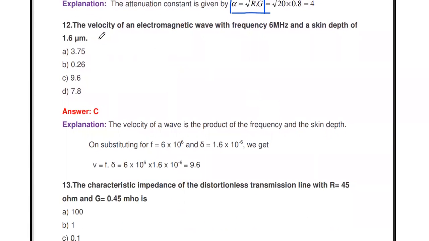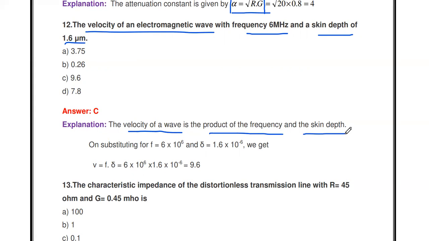Then the next question, the velocity of the electromagnetic wave with frequency 6 megahertz and skin depth 1.6 micrometer. What is the velocity of that electromagnetic wave? The velocity of the wave is nothing but the product of frequency and skin depth.